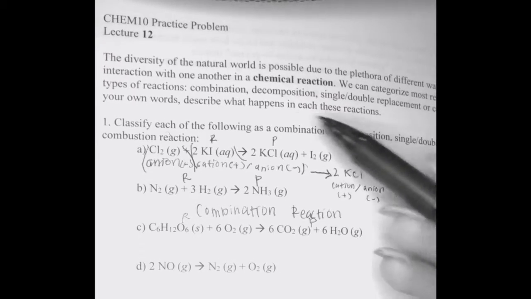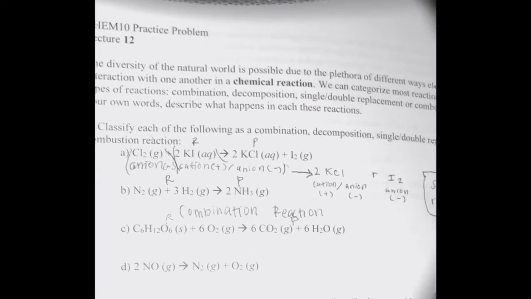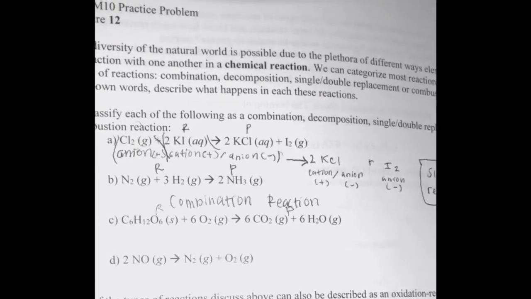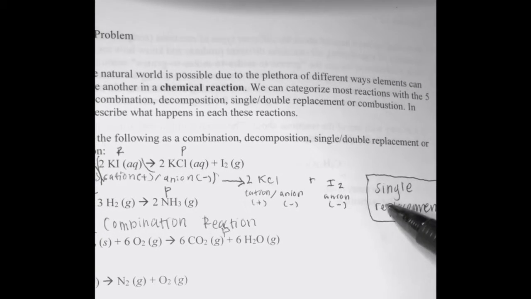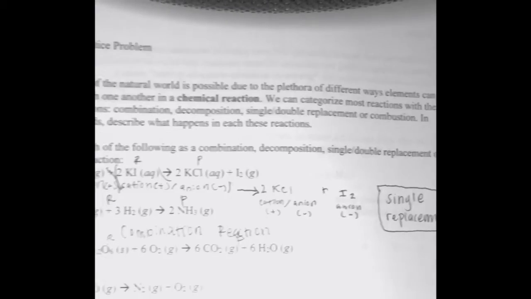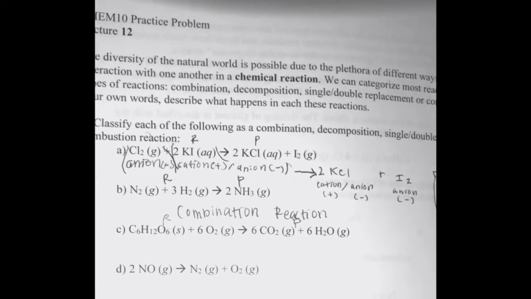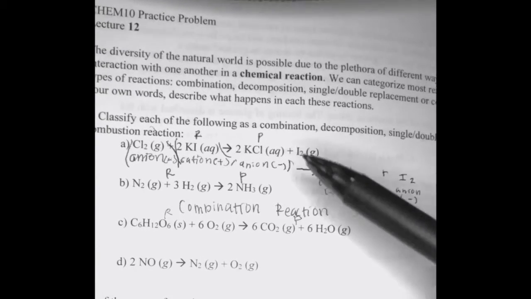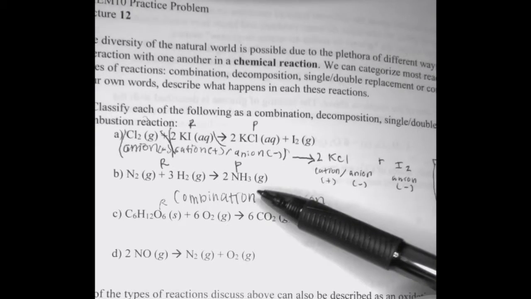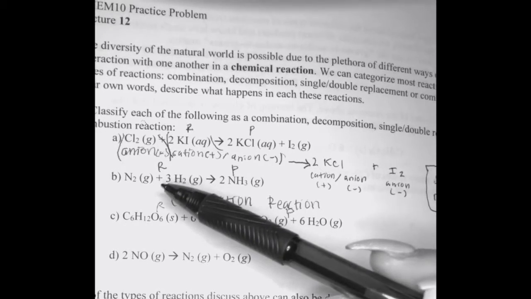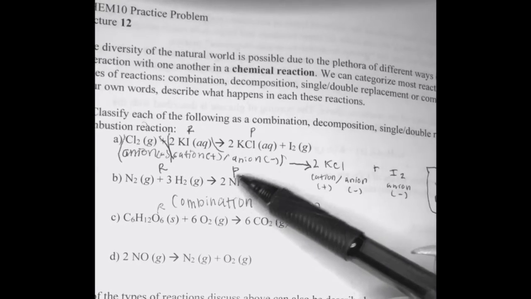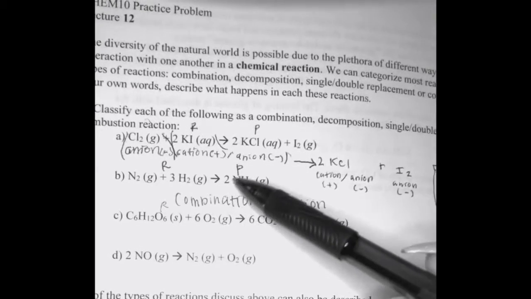Well, we know for 1A we got our single replacement reaction because there is a cation and an anion. We know for 1B it's going to be a combination reaction because we have 2 elements combining to making 1 compound.